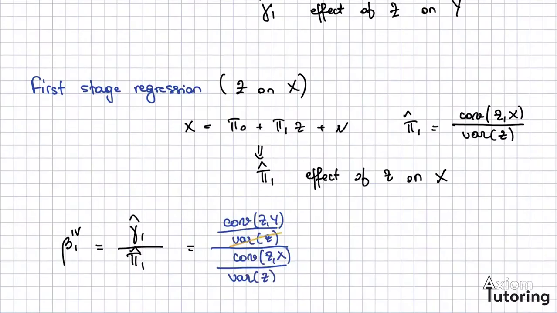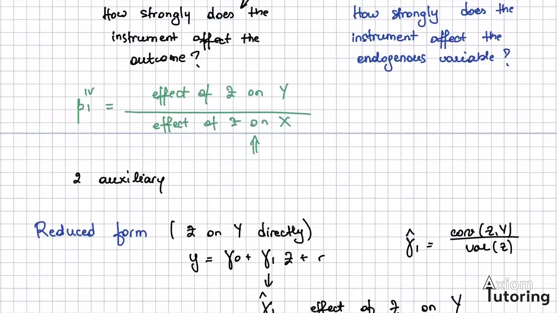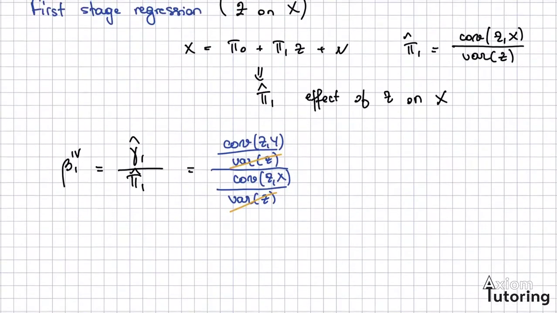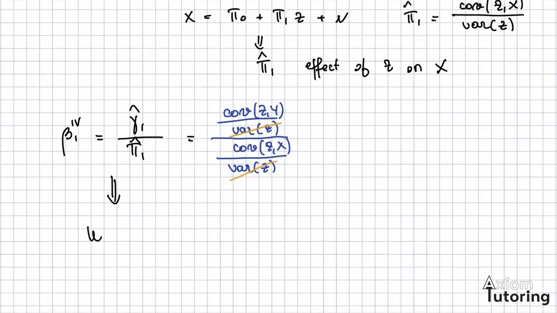The variance of z cancels out, so we're left with covariance zy over covariance zx, which is exactly what we set out earlier. So in a sense, IV is simply the reduced form coefficient divided by the first stage coefficient. This, by the way, is also called the Wald estimator.